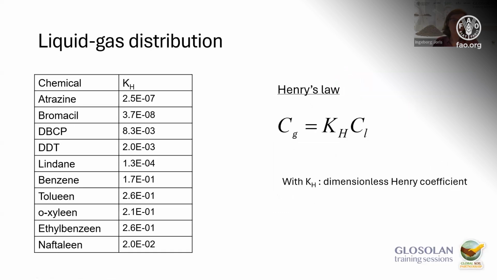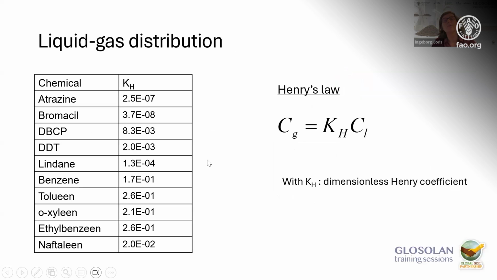So there was sorption, which is a very important process in determining movement of solutes, because it determines if your solute rather sticks to the soil or is very mobile in the water. You also have a similar type of distribution coefficient to describe the liquid-gas distribution.